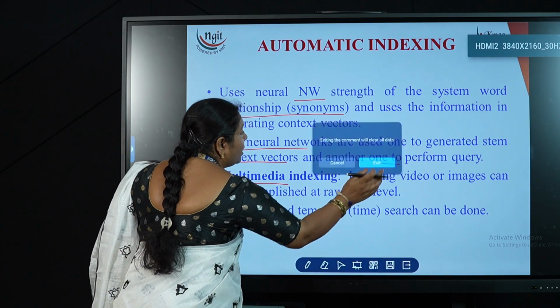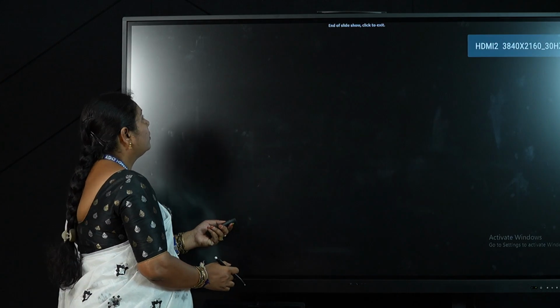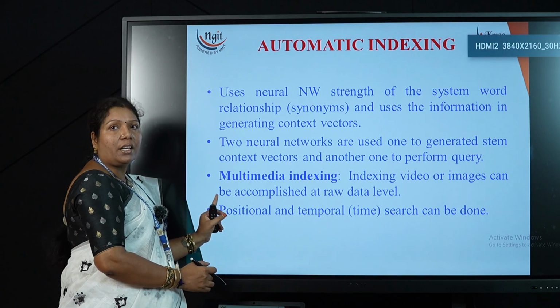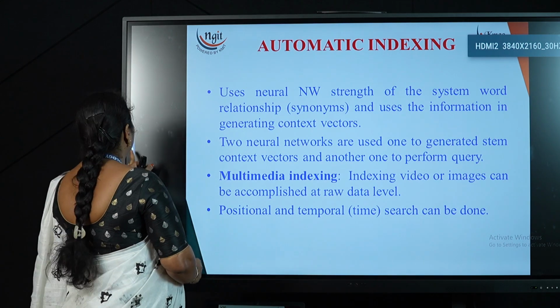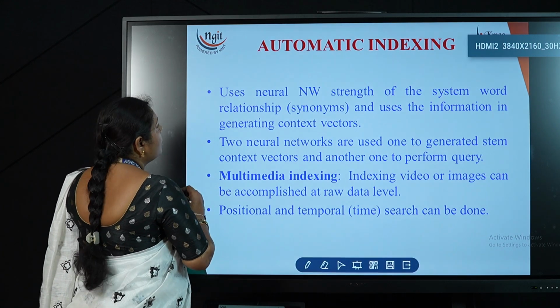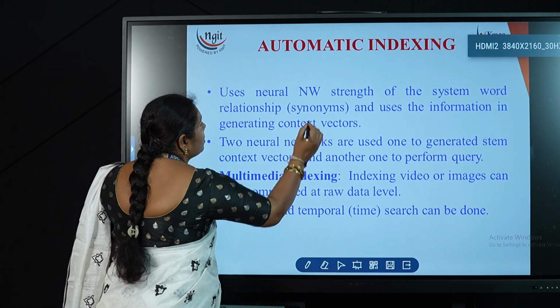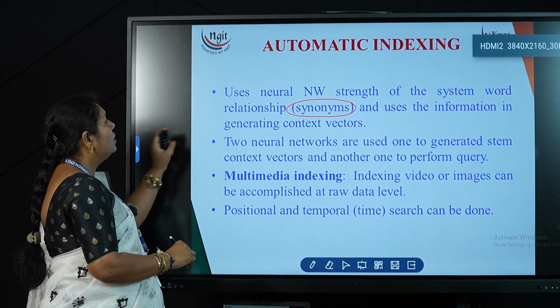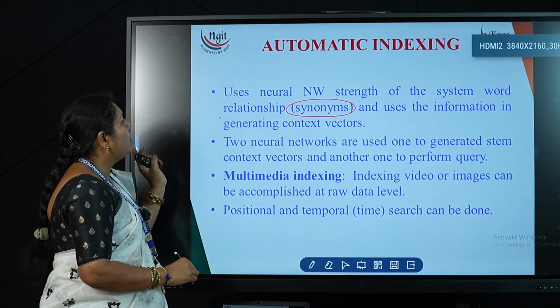These are the different types of automatic indexing in a retrieval system. Finally, remember that this always works on your synonyms and finds the relationship between given values.